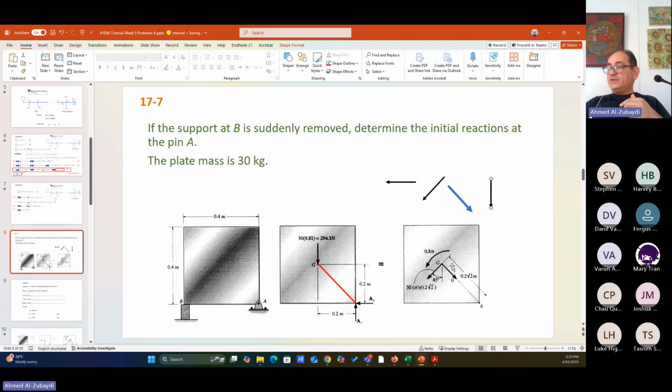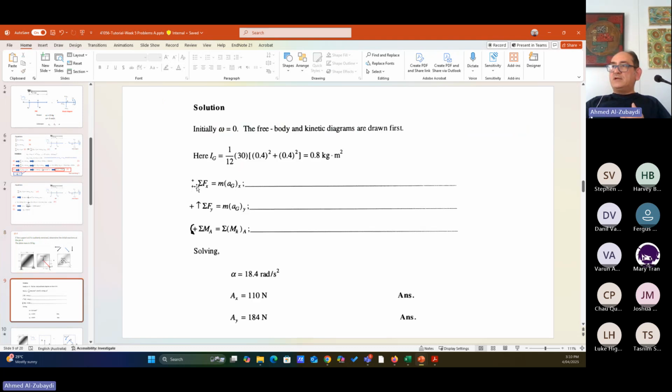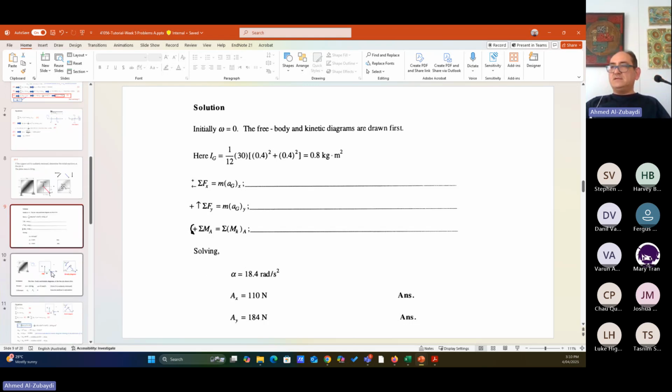And now on the kinetic diagram, we're going to have the mass multiplied by the acceleration that we found here, which is alpha multiplied by R. And we're going to find the value for alpha. So again, we calculate the value for IG and apply the three equations, and we came out with the answer.